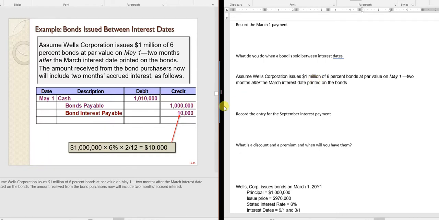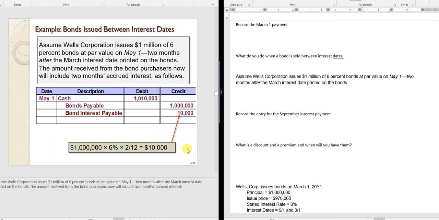Notice I have bonds payable of $1 million, that's always face, that's kind of important. But bond interest payable is $1 million times the rate of 6% times 2/12, or $10,000. So we're going to have to pay that, but I'm charging them for it. So if you notice, this is a wash.